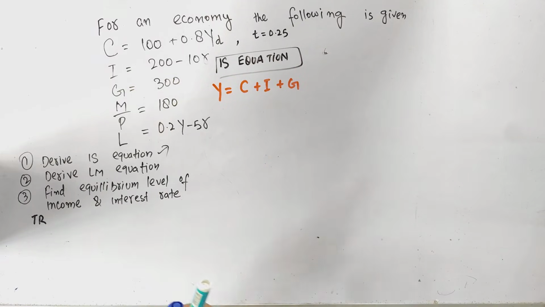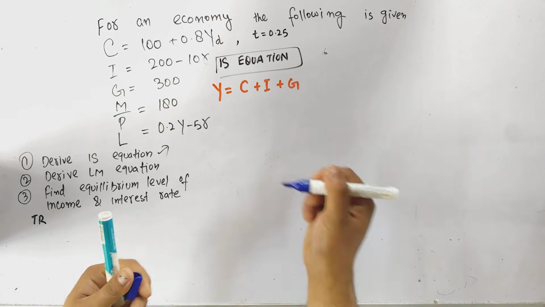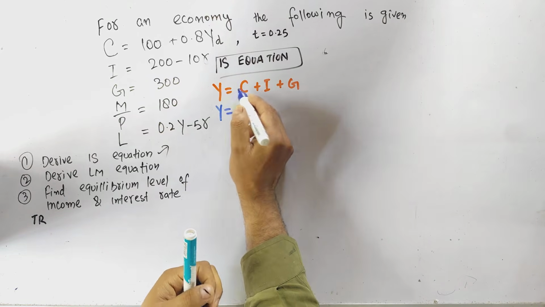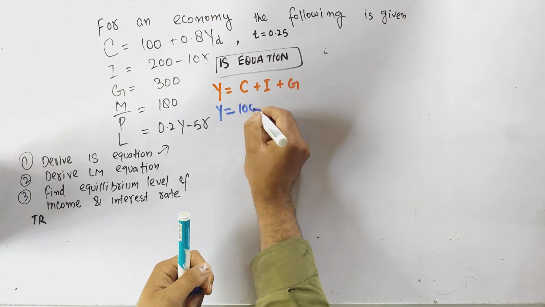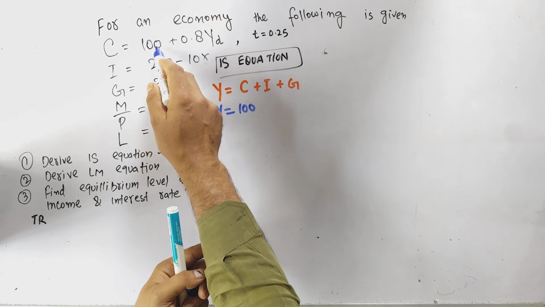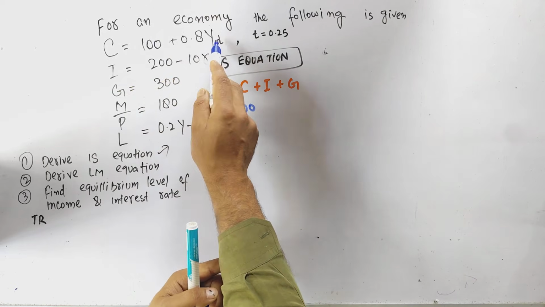Using this formula, our income Y will be equal to the consumption function, which is given as 100. This is the autonomous consumption when the level of income is 0.